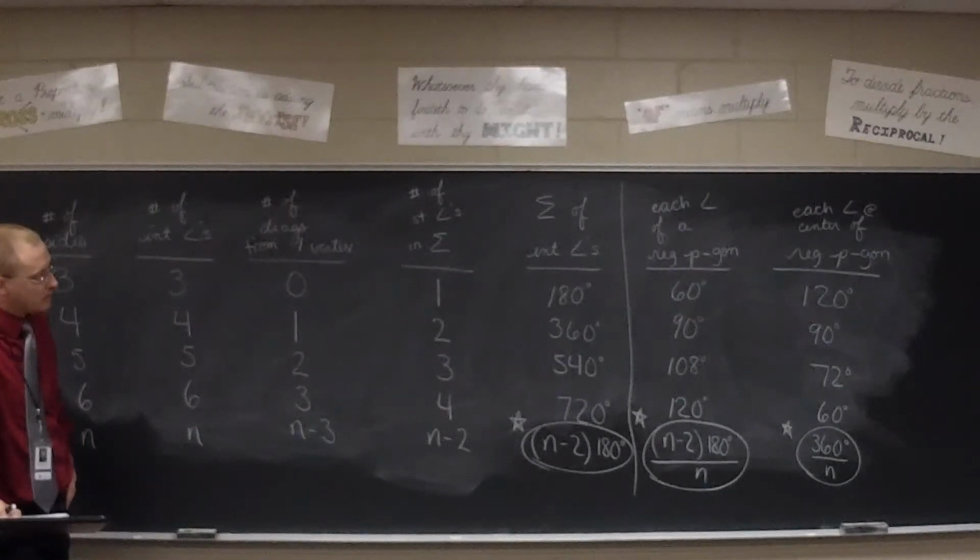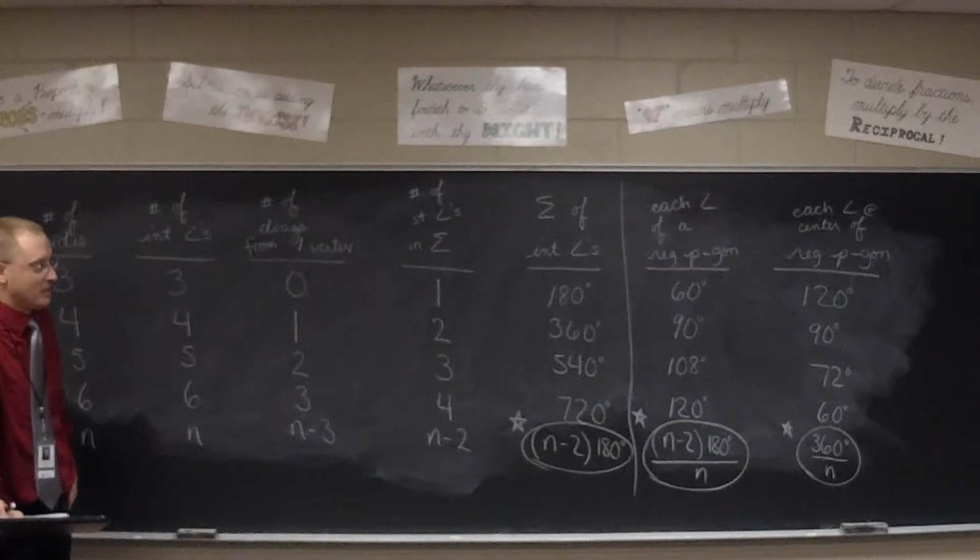Multiply it with divide. But 108 and 72 looks like it's out of place. It does kind of look like it's out of place, but it's not. Not for the relationship that's there. They're all even.